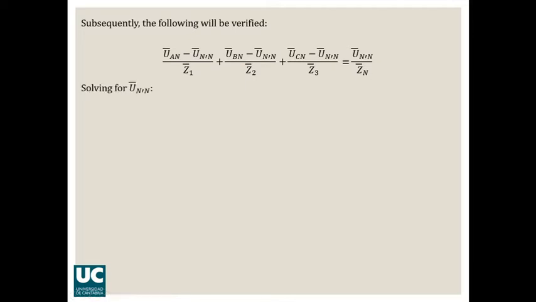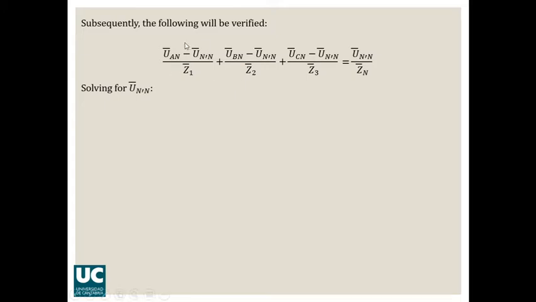So then, in this slide, you have the current IA plus the current IB plus the current IC. This sum should be the current in the neutral conductor. That's why it will be the same as the difference in potential between two sides of the neutral conductor divided by its impedance.